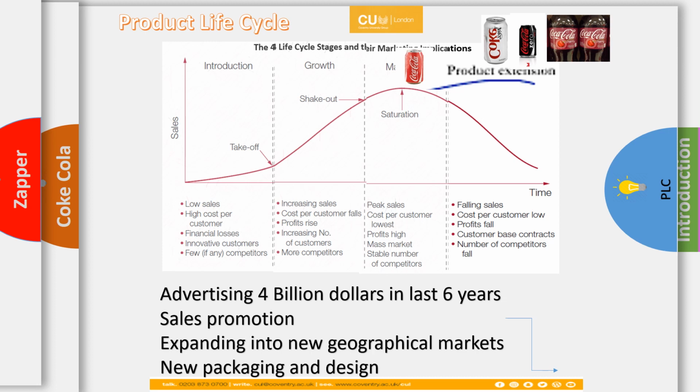Other ways to extend the product life cycle would be to expand into new geographical markets, and also new packaging and design, which creates more interest and desire for the product. All of these factors can assist in extending the product within the mature stage of the product life cycle.